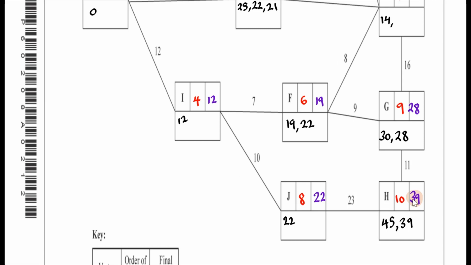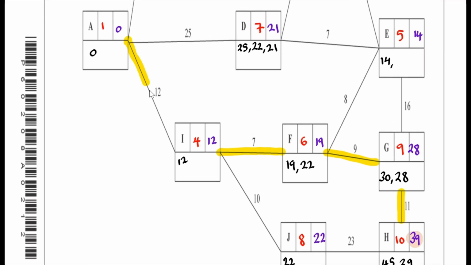So 39 take away 11, that was 28. And then from here, 28 take away 9, that was 19. So we went back here. And then 19 take away 7, that was 12. And then here we go back to A.